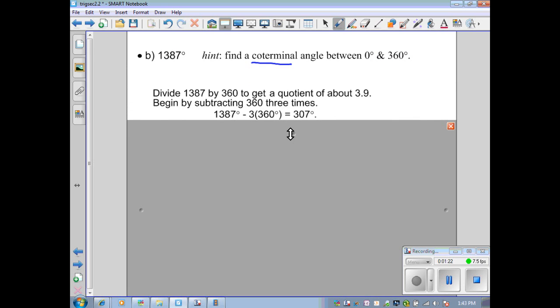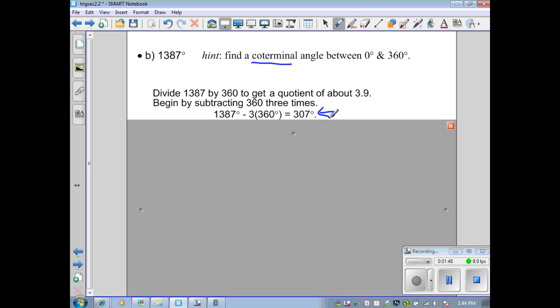Well, let's take a look at this procedure. First of all, we take 1,387 and divide it by 360. That will give us a quotient of about 3.9. So if we take 3 revolutions, which is 3 times 360, and subtract that from 1,387, we get a coterminal angle of 307 degrees.